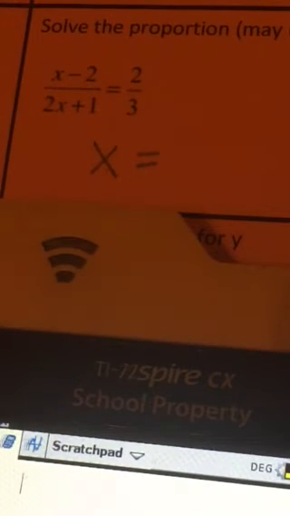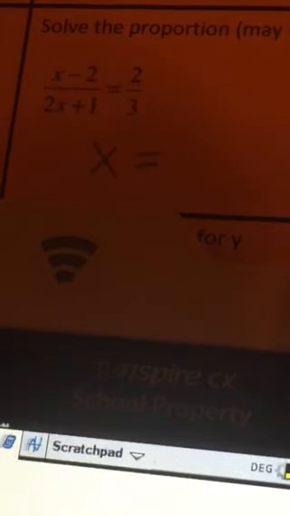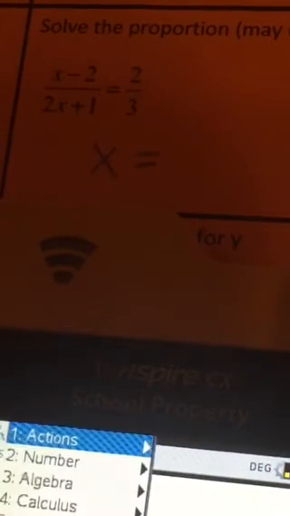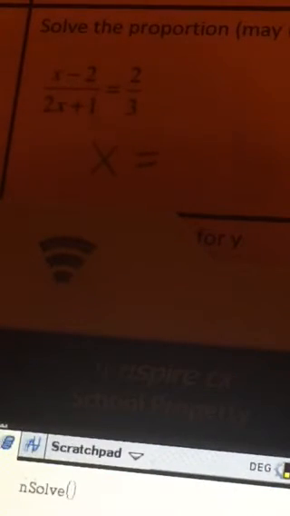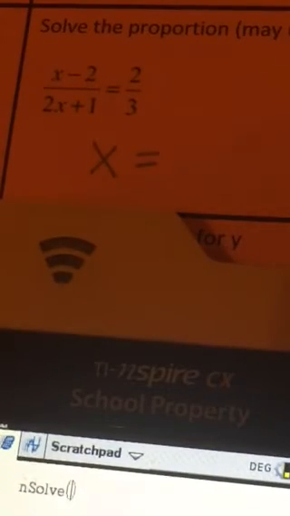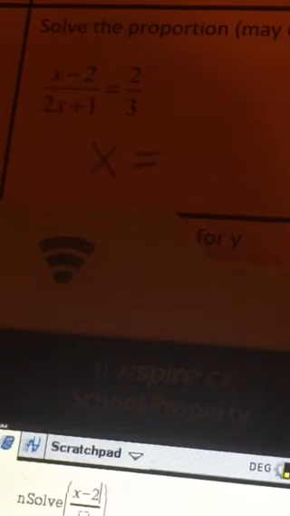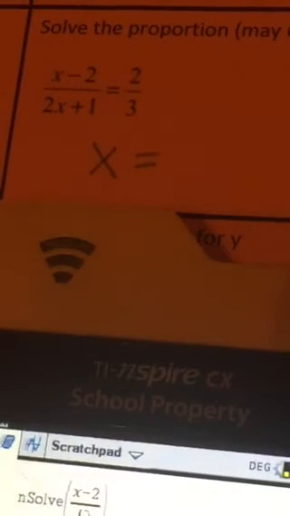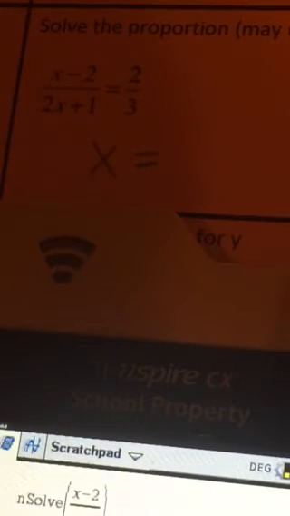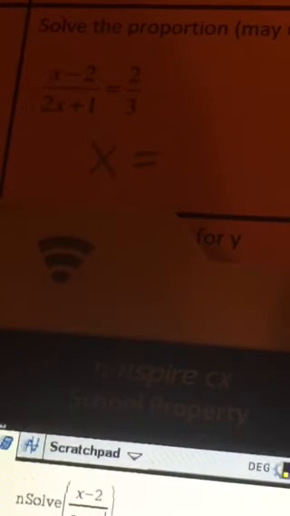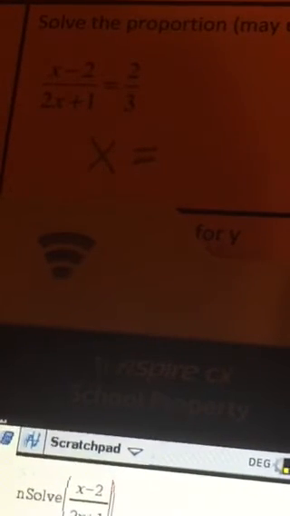All right, so x minus 2 over 2x plus 1 equals 2/3. Okay. So menu 3, 1 and solve. And then we've got control divide, x minus 2 on the top, and that's over 2x plus 1, equal to control divide, and it's 2/3.